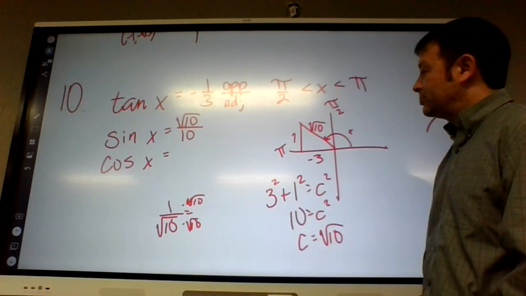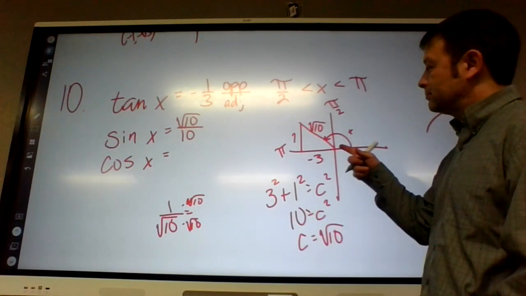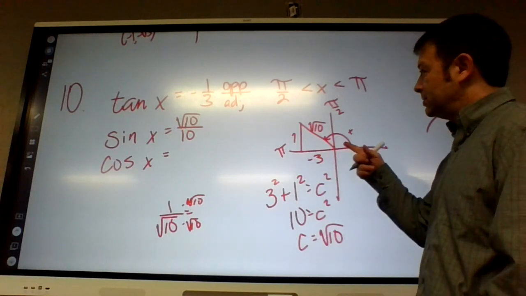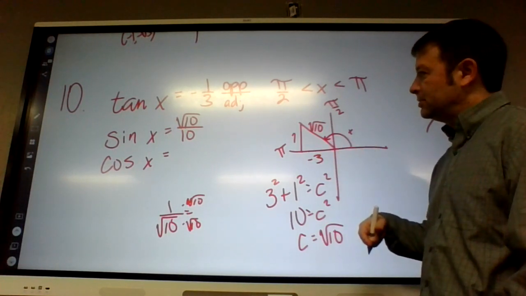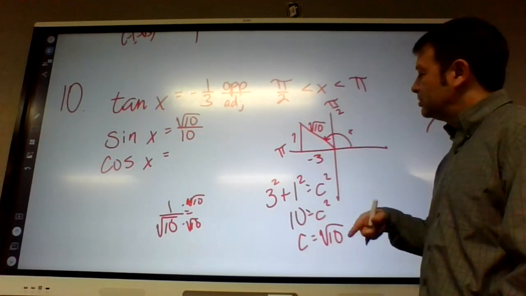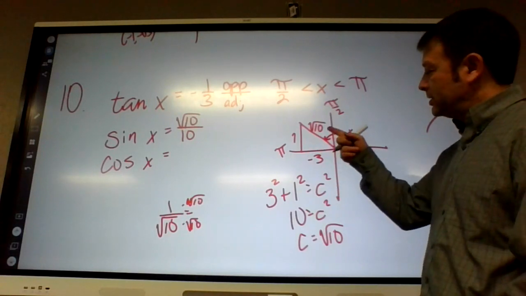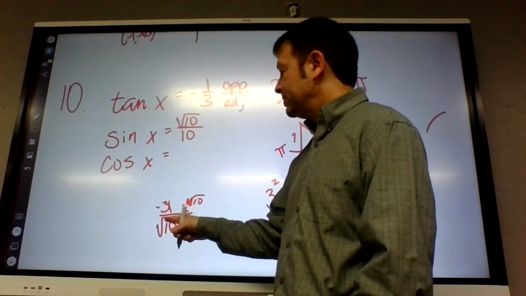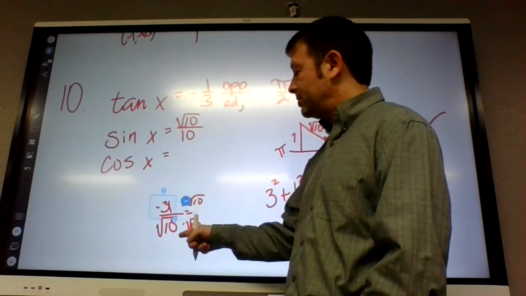Cosine is what over what? Adjacent over hypotenuse. Right, -3 over square root of 10. So it's kind of like this one. So it'll become -3 square root of 10 over 10.